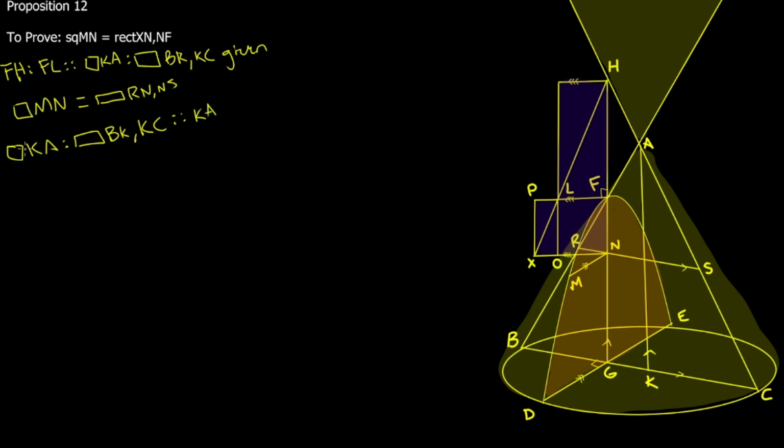And that would be one line here, KC, with one line here, BK, compounded with KA, KC. If you want to know what compounded ratios are, I talked about that briefly in my previous video on Proposition 11.